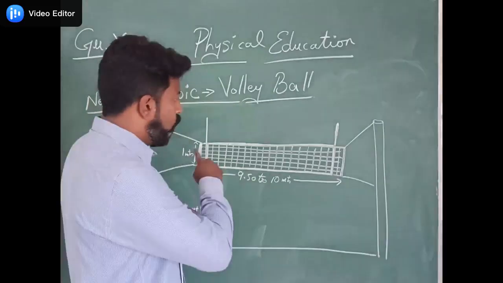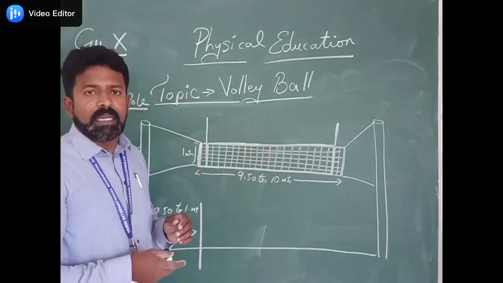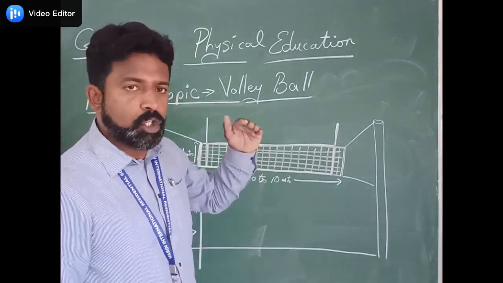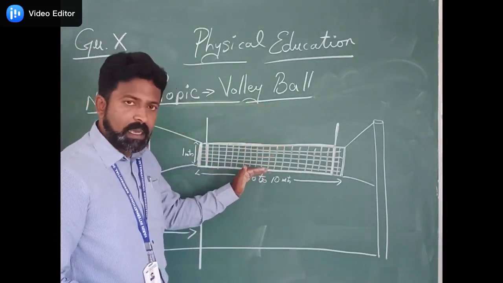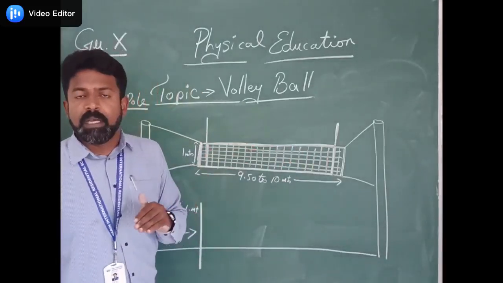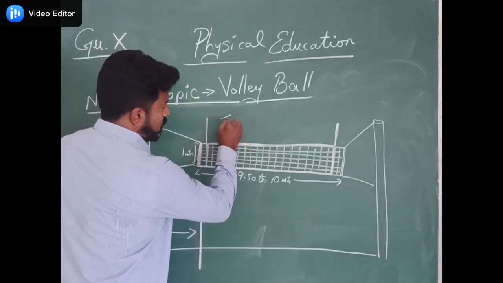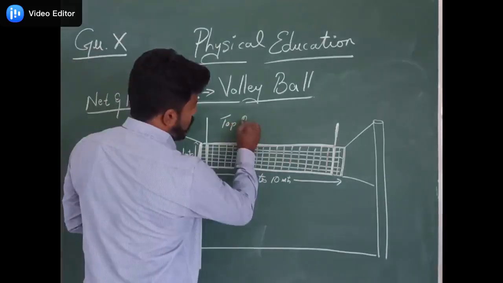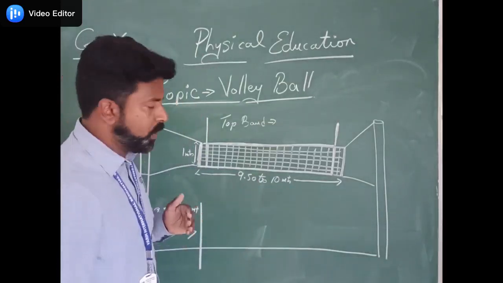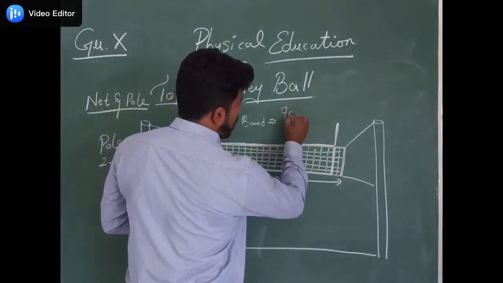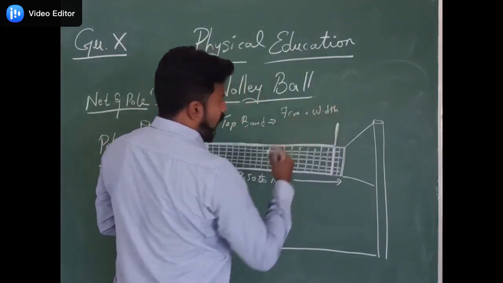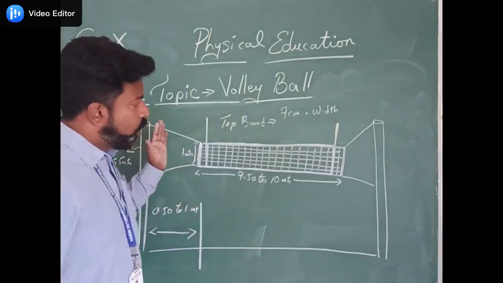And in all the corners of the net, a canvas is placed. We call them the top band, the bottom band, and the side bands. The top band measures 7 centimeters in width and runs along the net.